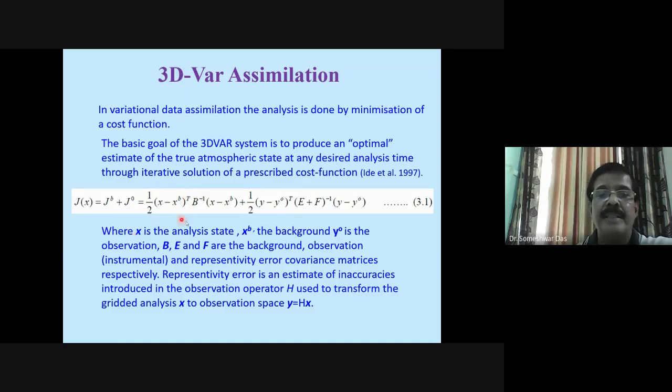B, E and F are the background, observation, and representative error covariance matrices respectively. Look at the terminology used here: background covariance matrix B, observation covariance matrix E, and representative error covariance matrix F.